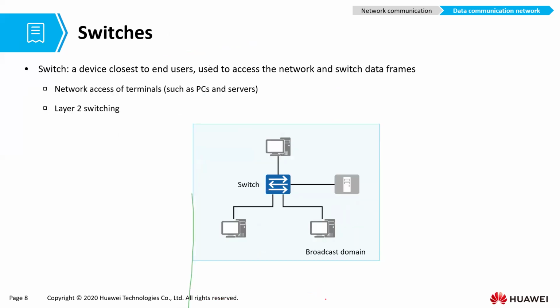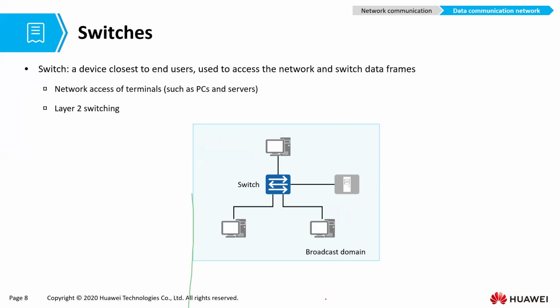Starting with the switch, these are layer 2 devices closest to the end user that connect devices within a local area network. So when we have a LAN, the device that connects it is a switch, a layer 2 device. It sort of works as a distributor.